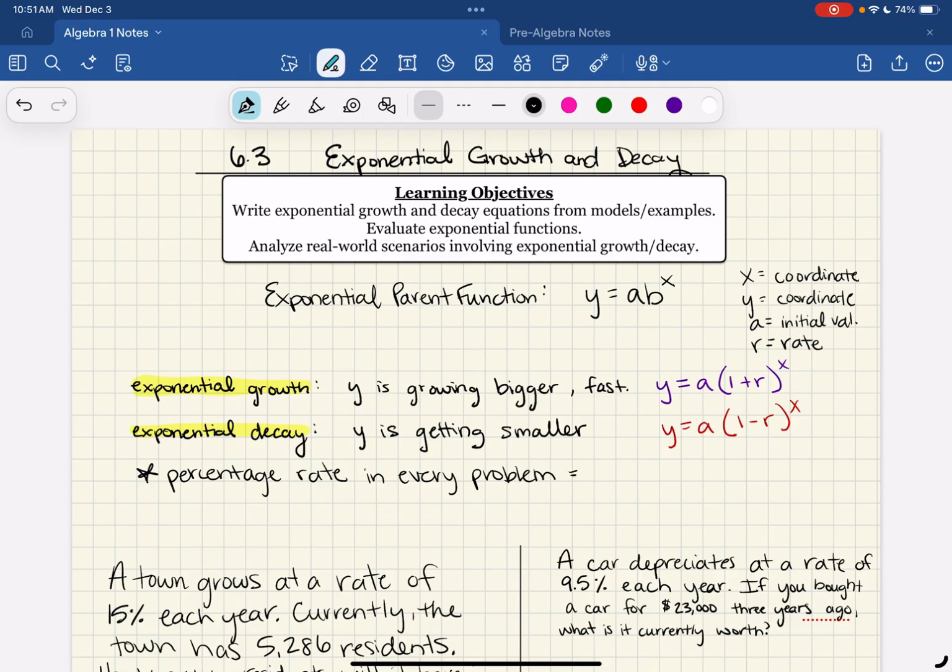But what do we know about percentage rates? When we deal with percents and we do any kind of multiplication or division, we have to turn it into a decimal. So we're always going to write it as a decimal.